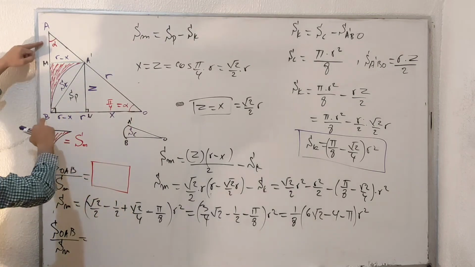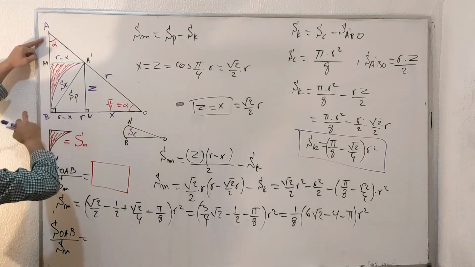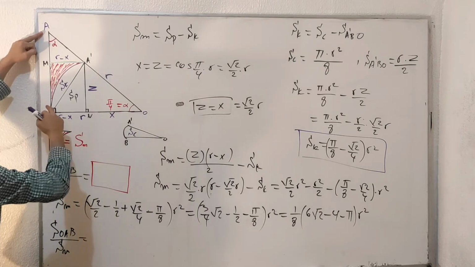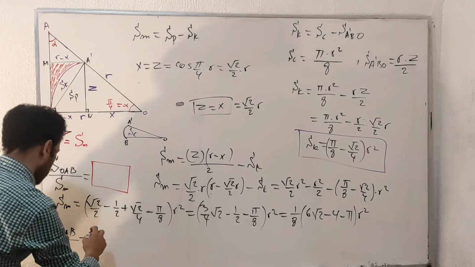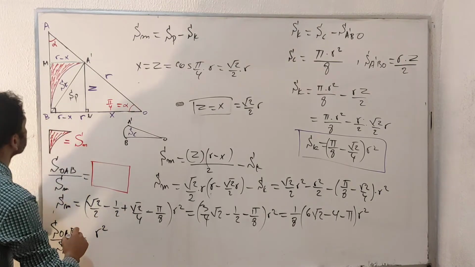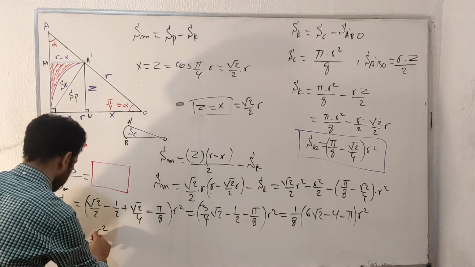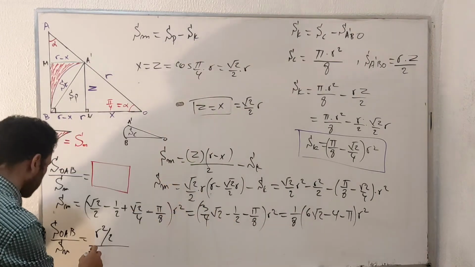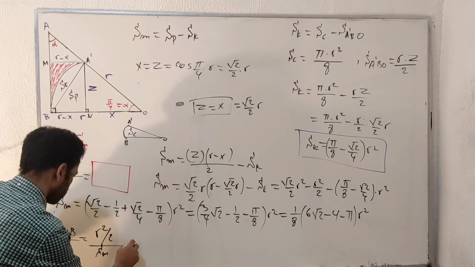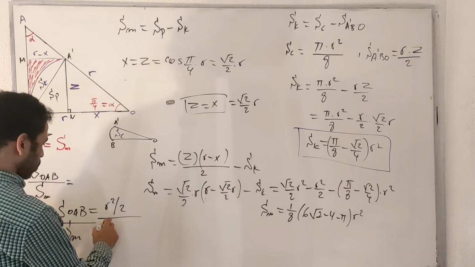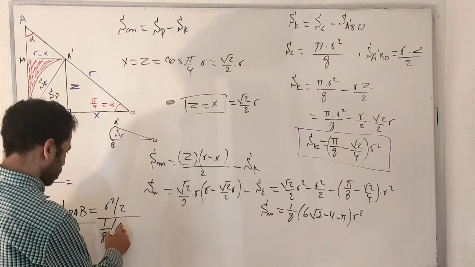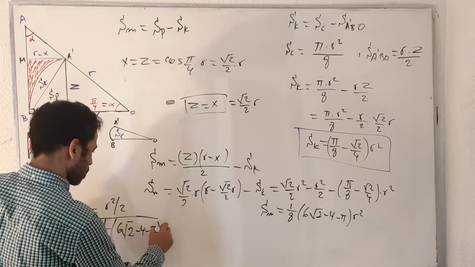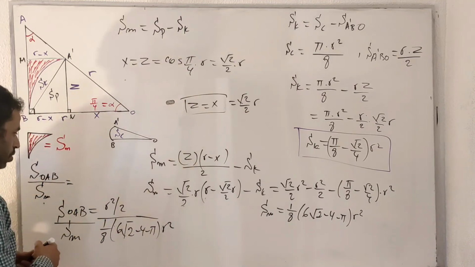And also, since we have an isosceles triangle, this distance also equals r, which means we have r squared over 2, over this one, over Sm. This expression was 1 over 8 multiplied by 6 square root of 2 minus 4 minus pi. The whole thing is multiplied by r squared.